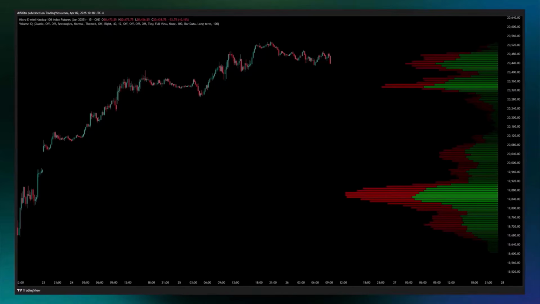That's pretty logical if you think about it, because in order for this many contracts to be traded, like right here, or up in this region, well, generally, unless there's just one massive block order, the market has to spend a lot of time there in order for all these contracts to be traded throughout the bars of the historical look back.